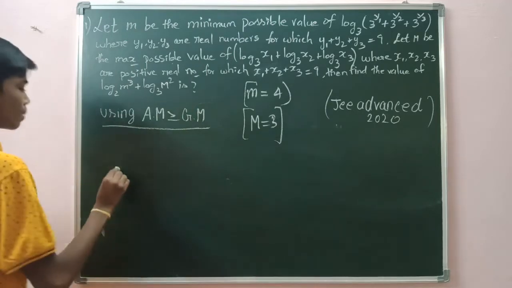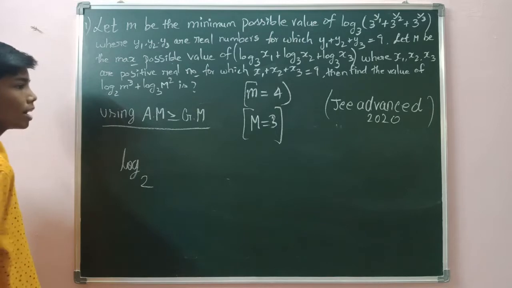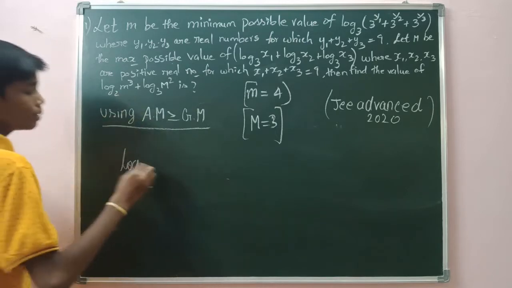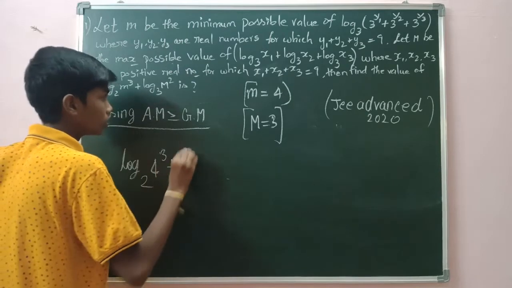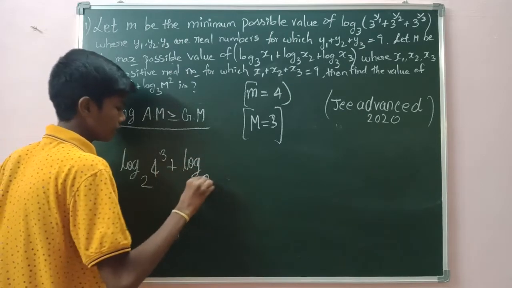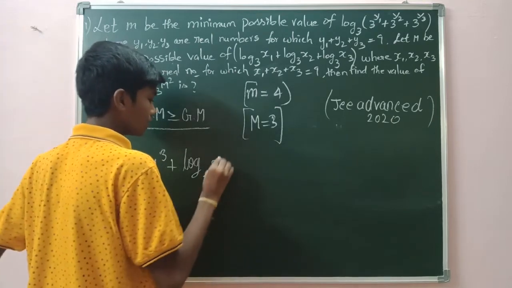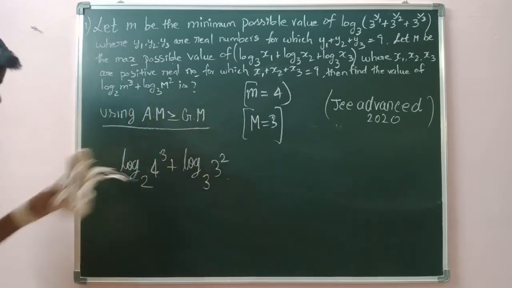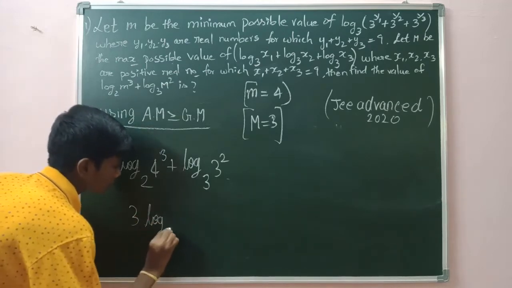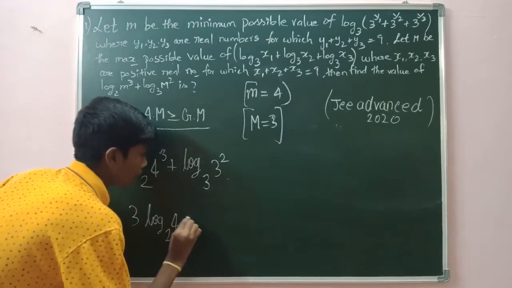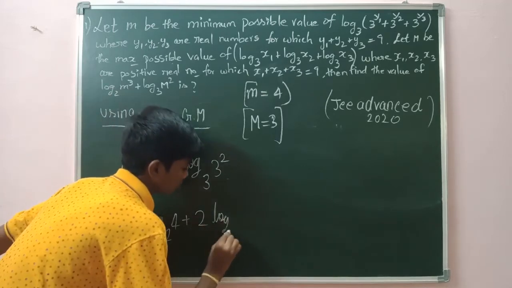So now what is being asked in the question is log to the base 2 of m cube plus log to the base 3 of M square. Your small m cube will be 4 cube, and your capital M square will be 3 square. Now take the 3 outside, we get log to the base 2 of 4, and take this 2 again outside, we get log to the base 3 of 3.